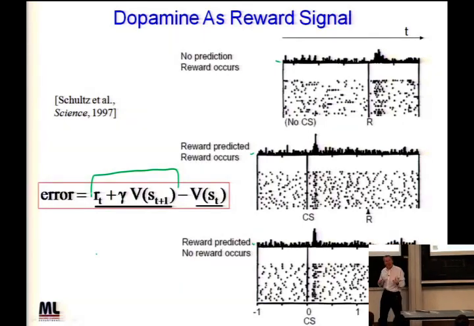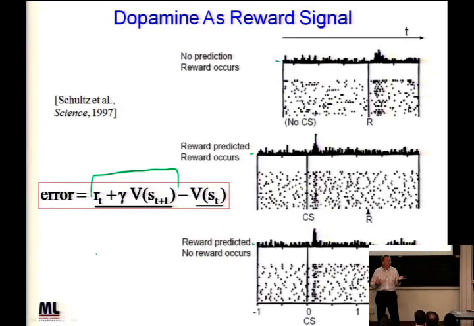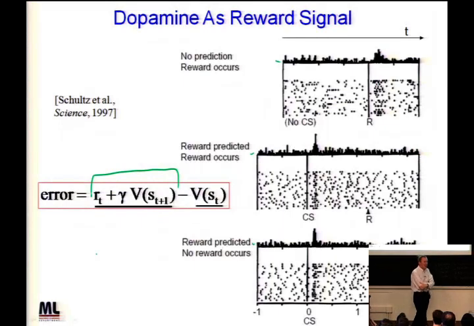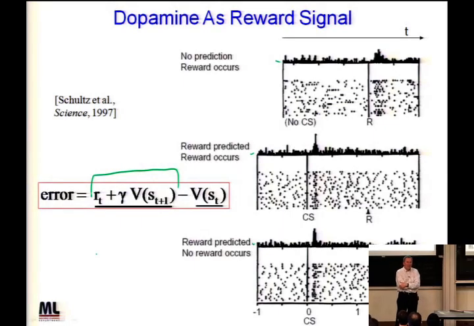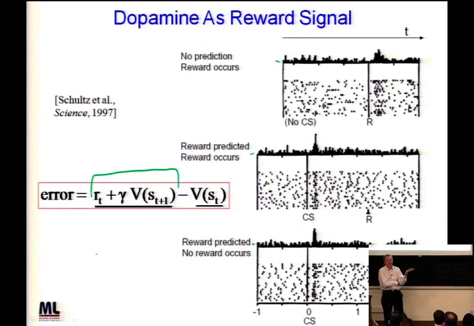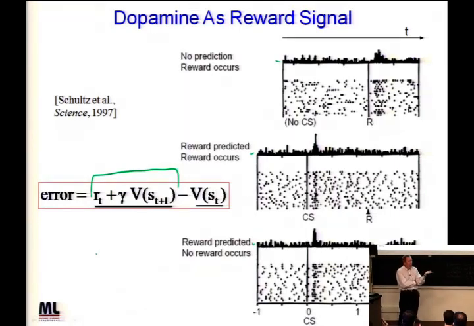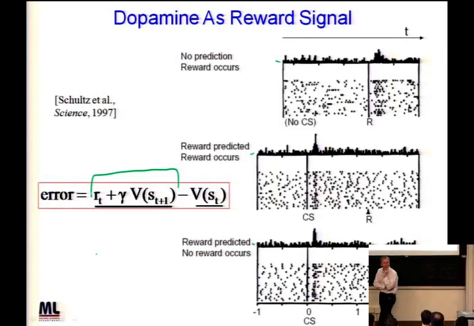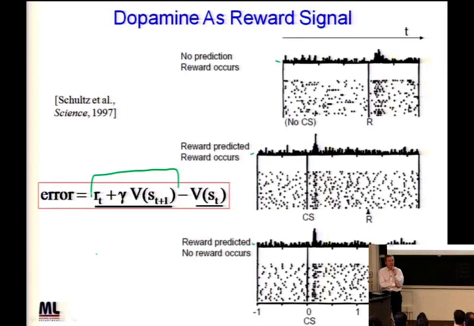And it's hard to come up with anything else that is. So this is a very interesting example of where a good engineering machine learning algorithm happens to be arguably the current best explanation for the kind of firing that we see in this kind of cell.